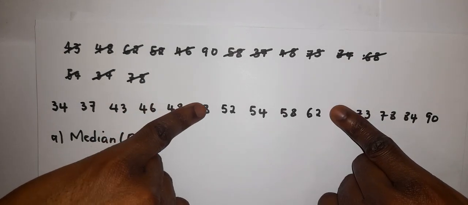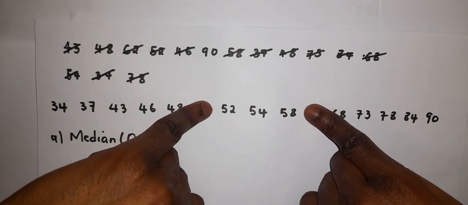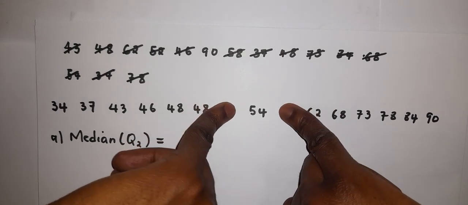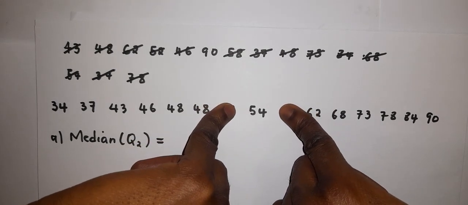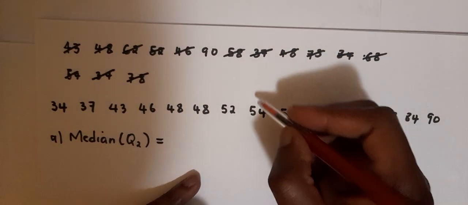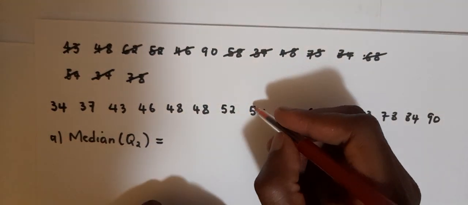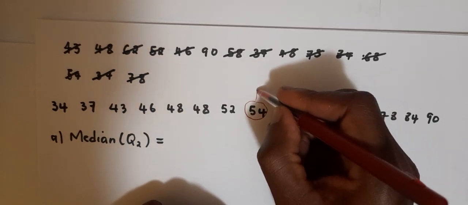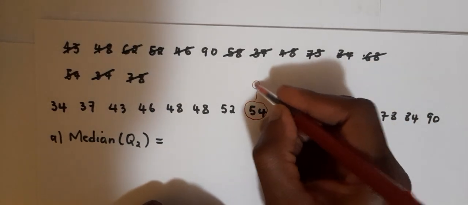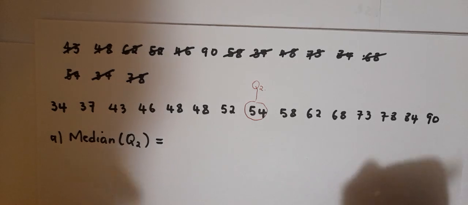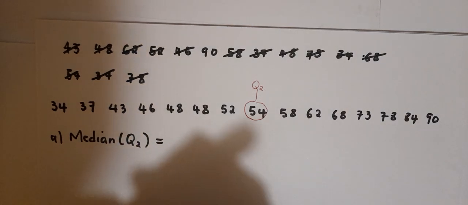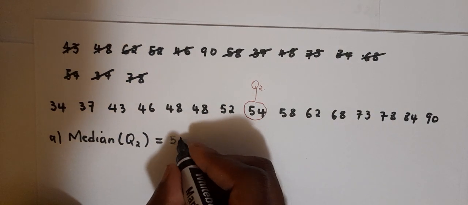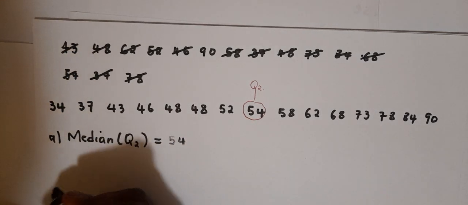You cannot find your median if your data is not arranged, and again, it needs to be arranged in ascending order. After closing, I find that the only median that I have right here will be my Q2. So my Q2 would be 54. Great, tens.